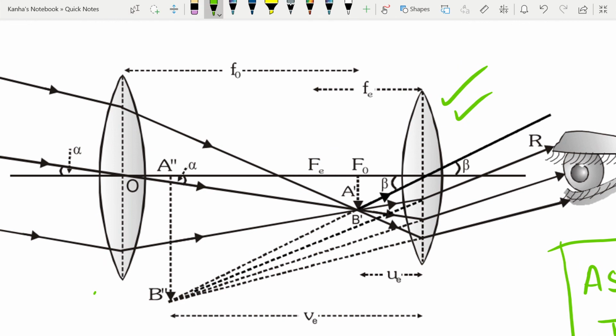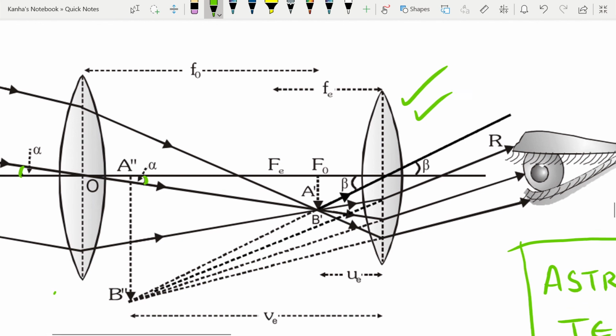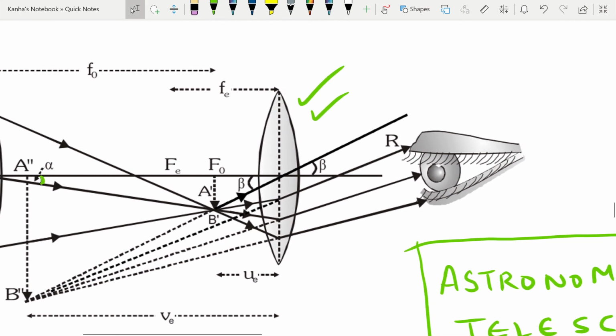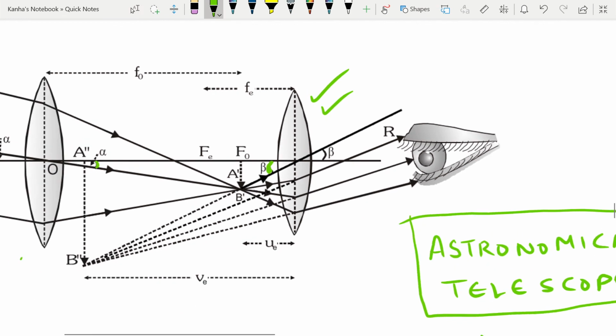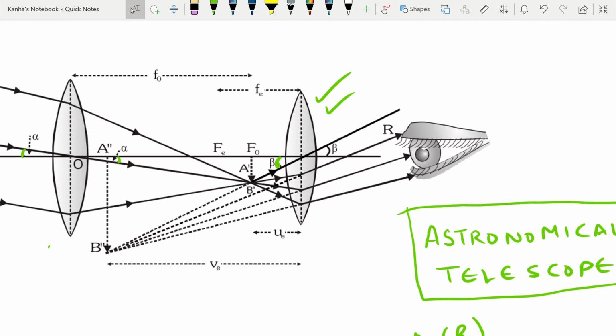My alpha is the small angle which the incoming rays were making with the principal axis. And what was my beta? My beta is what I get for looking through the objective lens at the image that is formed. So for looking here, the angle that this makes with the principal axis is my beta.